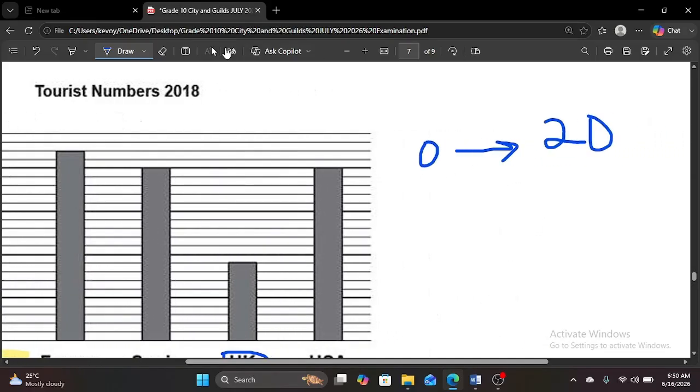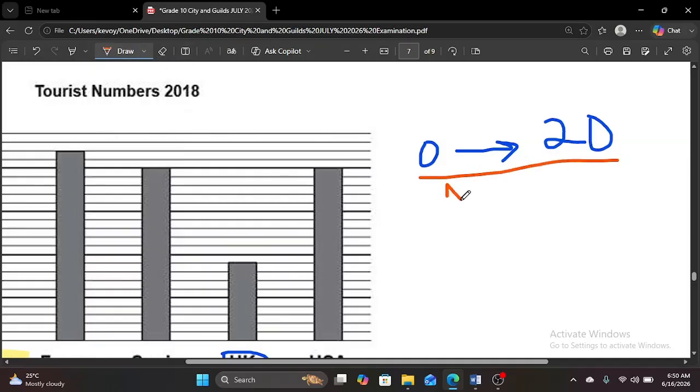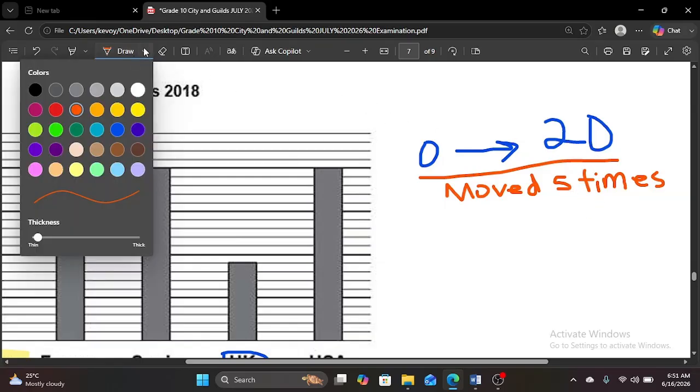To get from 0 to 20, we move 5 times. Because we moved 5 times, we're going to divide the last digit that we get to, 20, by 5 in order to know what each line represents on our graph.